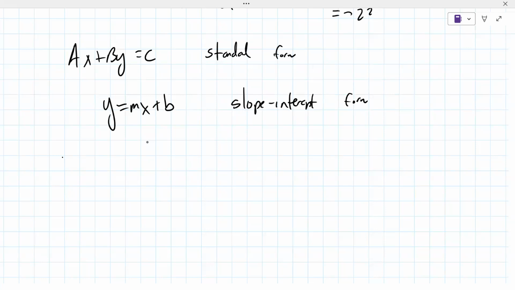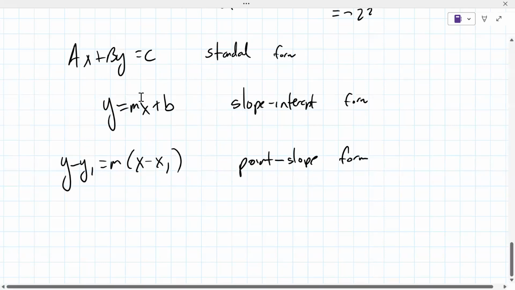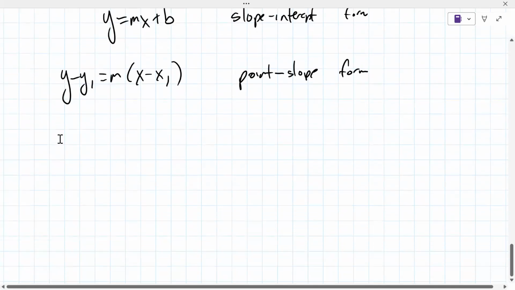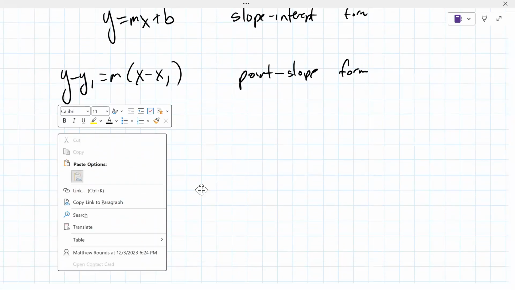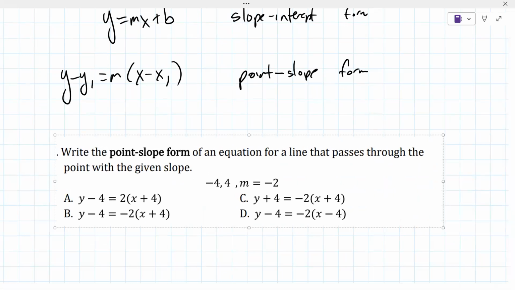Yeah. And then the last one is point slope form. So you typically are expected to know all three forms. So I'm going to leave that last one up here for this problem. See if you can figure out how to navigate that. Point slope is the y minus y1, right? Yep, exactly.